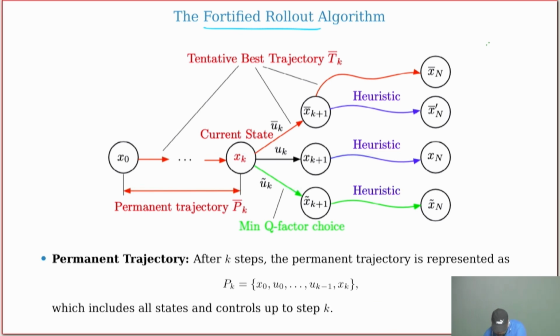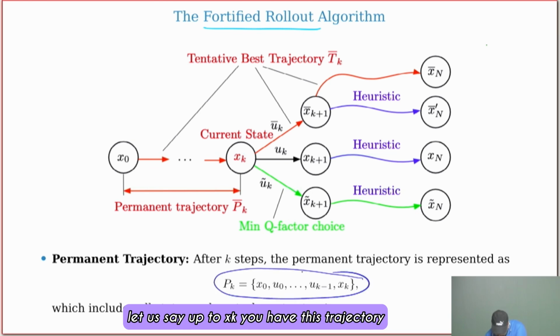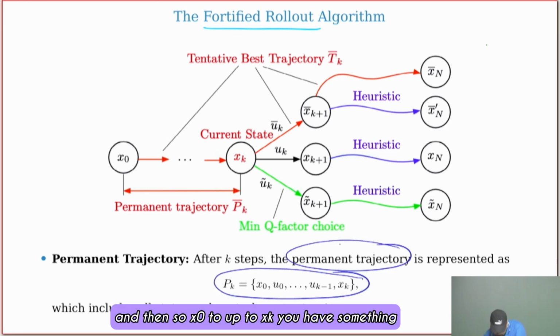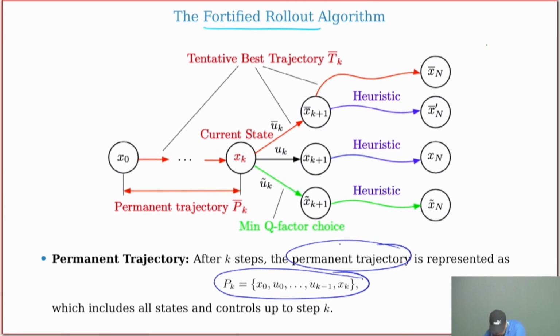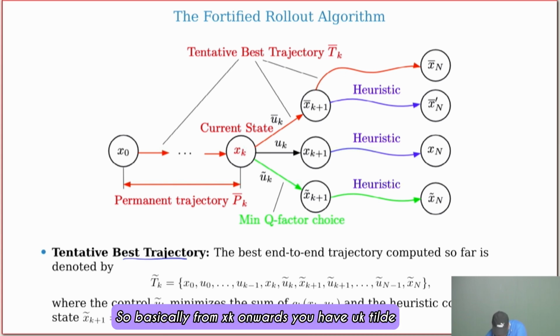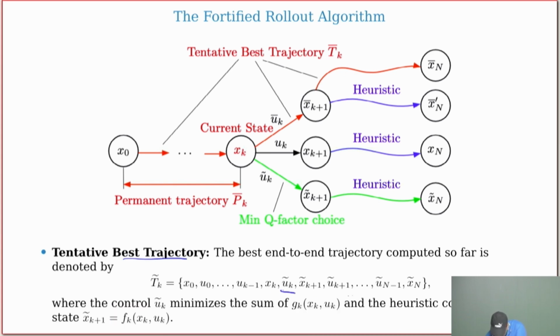So this is what it does: let us say up to xk you have a trajectory called the permanent trajectory, so from x0 up to xk you have something, and then you have a tentative base trajectory. Basically from xk onwards you have uk tilde up to xn tilde.